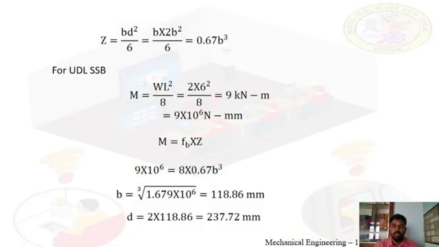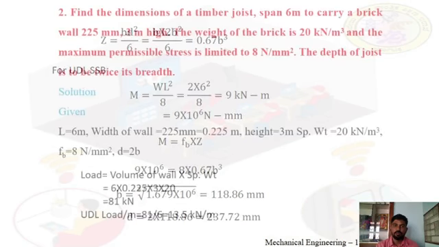Now finally the b is equal to 118.86 mm, and the depth to breadth ratio is given. So now depth is equal to 2 into breadth, that is 2 into 118.86, that is equal to 237.72 mm. So the final answer of breadth and depth is b equal to 118.86 mm and depth d equal to 237.72 mm.